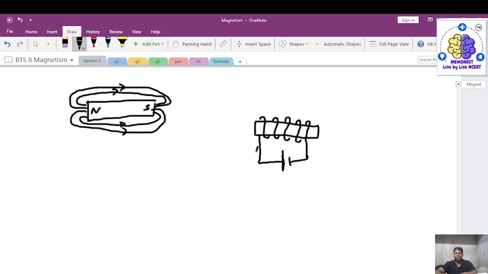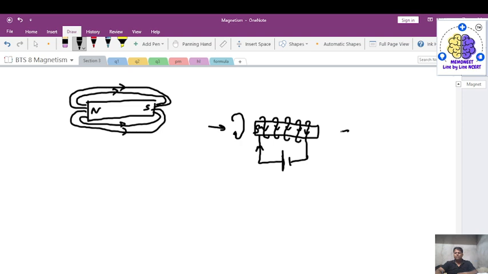The current is moving in this direction. From below it is coming and then going like this, again like this, and then like this. So if you see from here, just try to visualize that the current is going in this direction, right? So this is a clockwise direction. If the current is flowing in this loop in a clockwise direction, what pole will be generated over here? It will behave as a south pole.